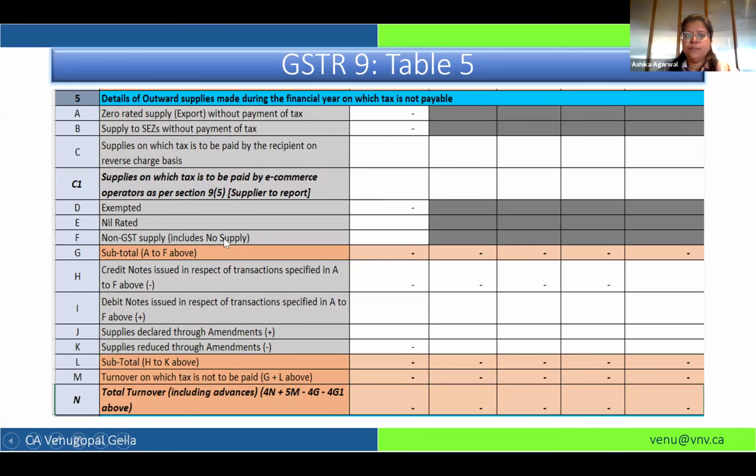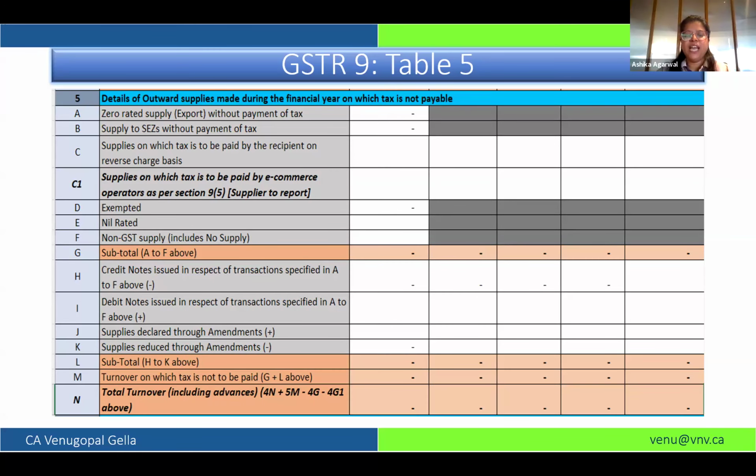5F, non-GST supply. For this, you have to refer to Schedule 3 of GST, which lists activities or transactions which will not qualify as supply. Recently they made changes for warehouse goods, where the goods have come to the customs port but have not been taken to the domestic area, have not been removed from the port.